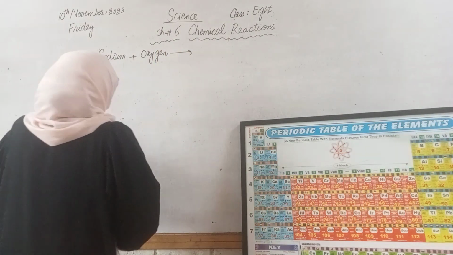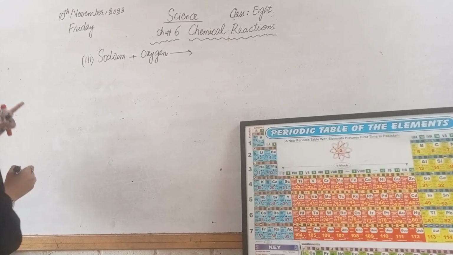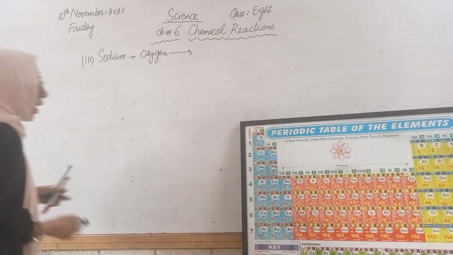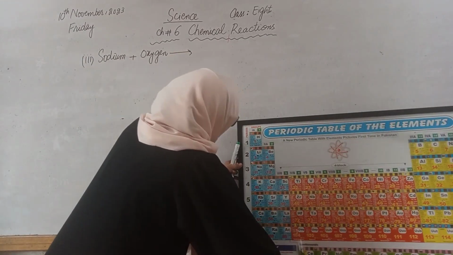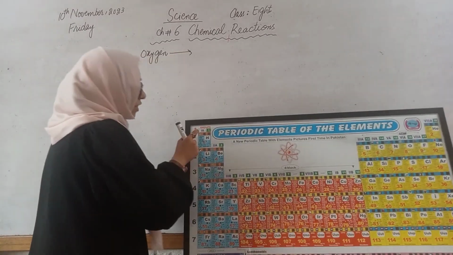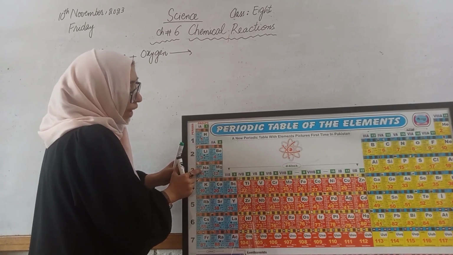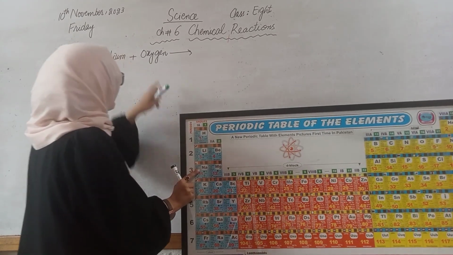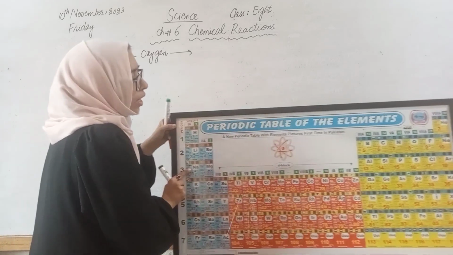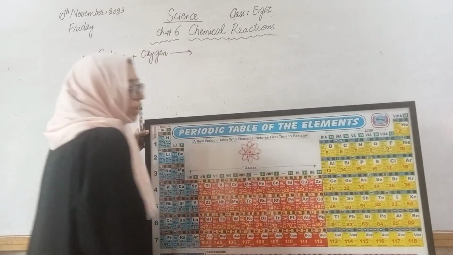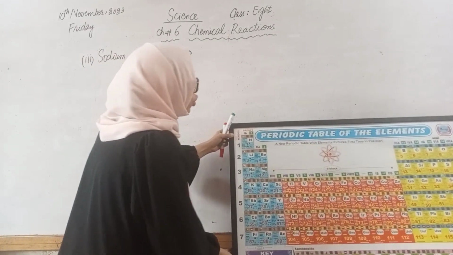You should know about the symbols and charges. Sodium is found in group 1 of the table. Sodium has charge +1. And the next one is oxygen. You know that it has symbol O and has charge number -2.